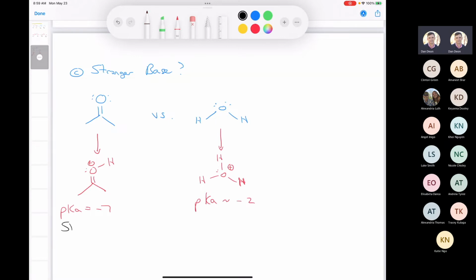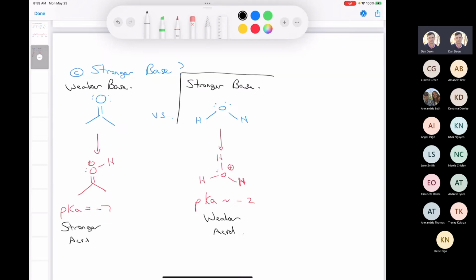This is our stronger acid. This is the weaker acid. Therefore, the conjugate base of the weaker acid is going to be the stronger base, and this is going to be the weaker base, and therefore the stronger base would be water if we compare acetone and water. Let's try one more, and then we'll move on.